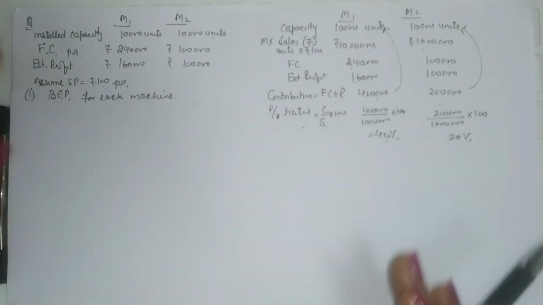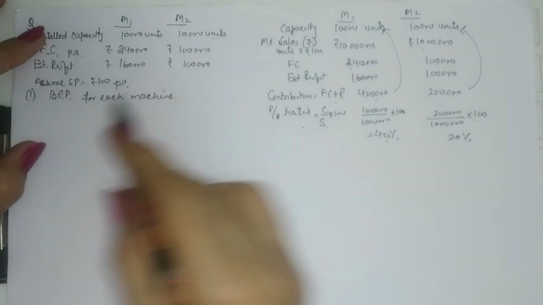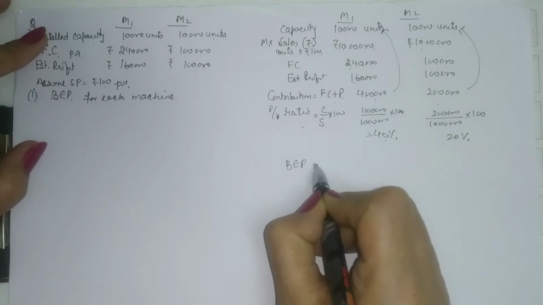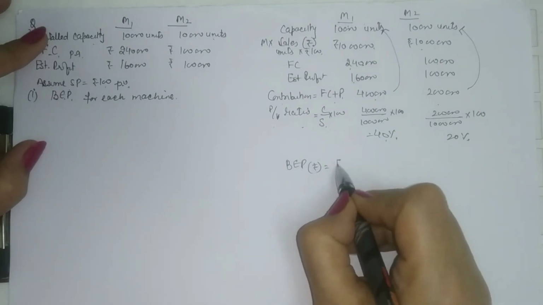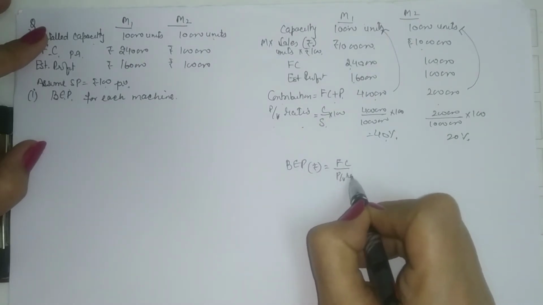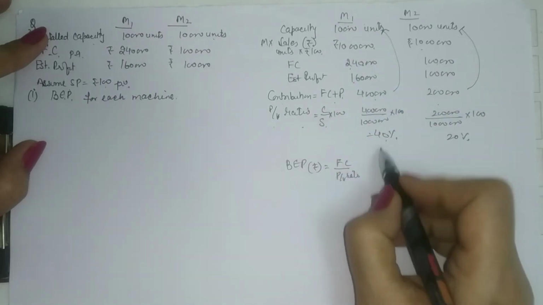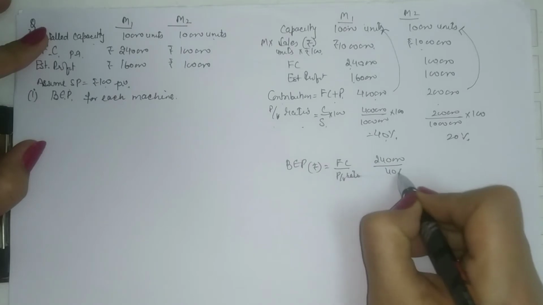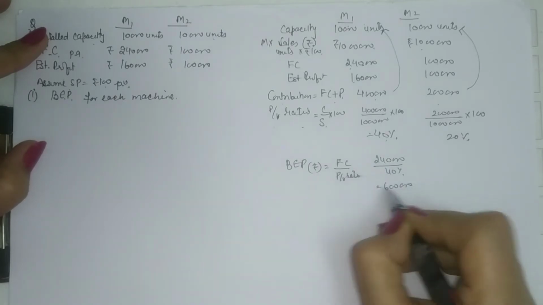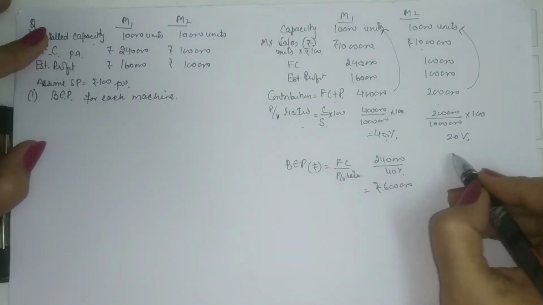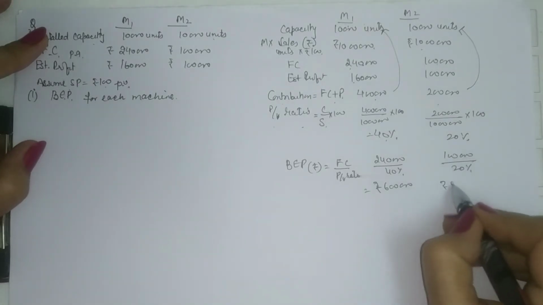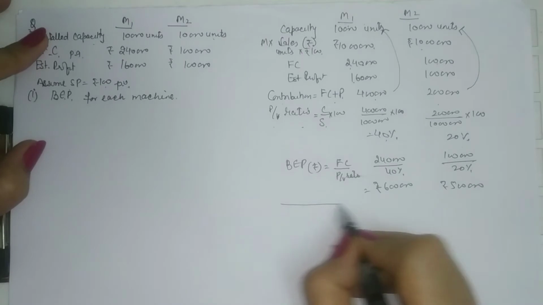We'll have to look for the cost indifference point. So let us first solve break-even point in terms of rupees, which is fixed cost upon PV ratio. So fixed cost in this method is 2,40,000 upon 40%, that is 6 lakh rupees. Whereas here the fixed cost is 1 lakh, so upon 20%, that is 5 lakh. So I hope you can analyze this.